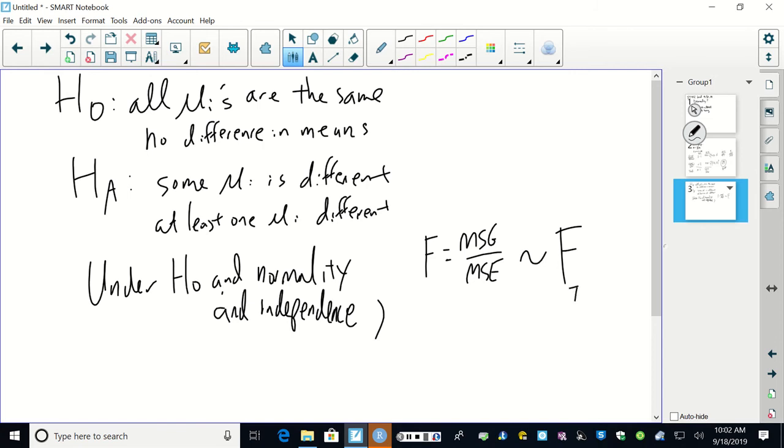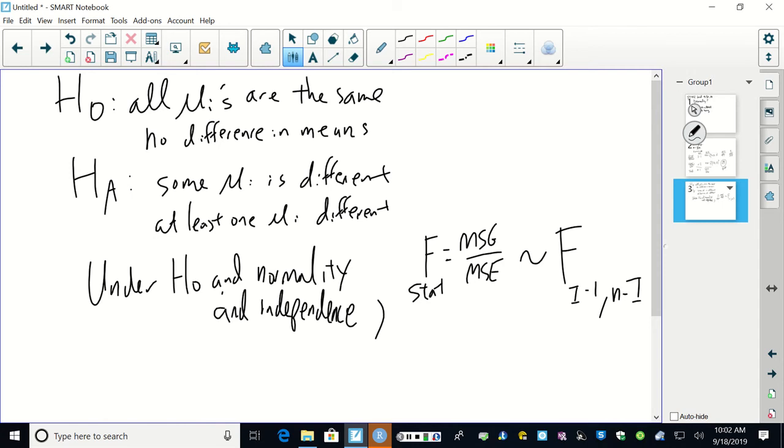So I minus 1 because that's in the numerator, and N minus capital I because that's in the denominator. And under the null hypothesis, we expect a statistic. Sometimes I put a statistic on here to emphasize that that's the F from the data versus the F distribution. The null hypothesis is true.